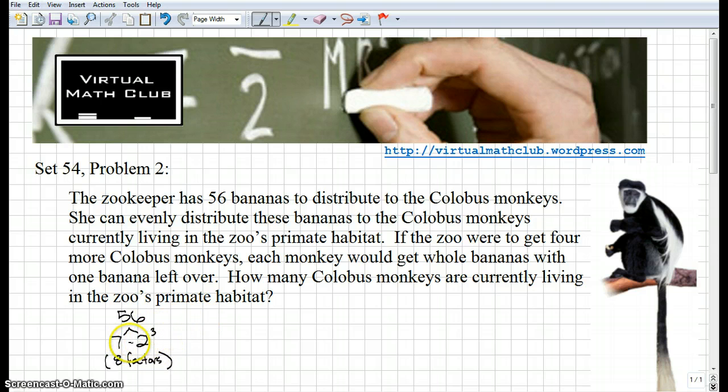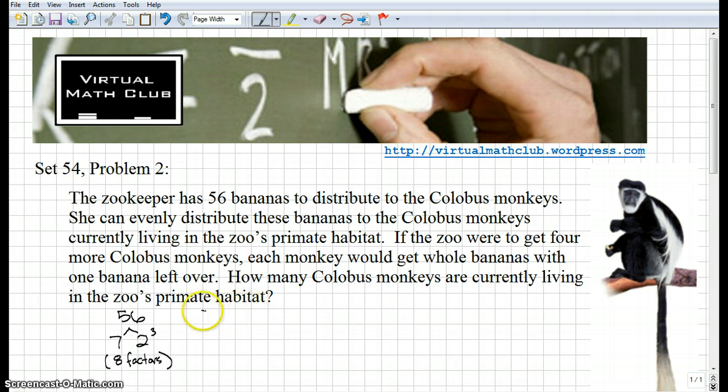The options for the powers on the factor of 7 are 0 and 1, and the options for the power on 2 are 0, 1, 2, and 3. So I have 2 choices for the power of 7, 4 choices for the power of 2, which gives me 8 factors total. Okay, 4 times 2, or 2 times 4, either way.